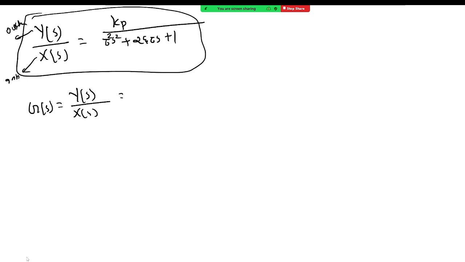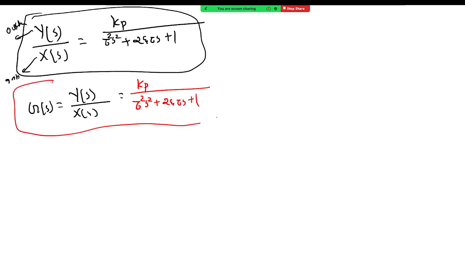So we got a formula: Kp upon tau square s square plus 2 zeta tau s plus 1. This is the transfer function of a second order process in S domain, right? Once we get this, what happens?